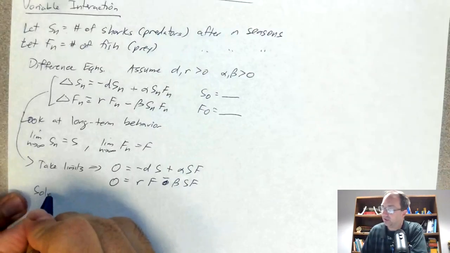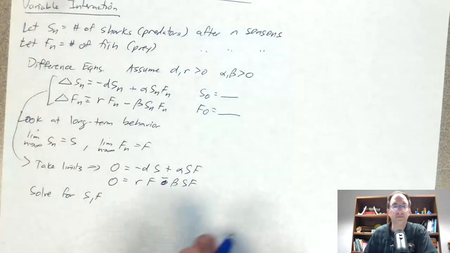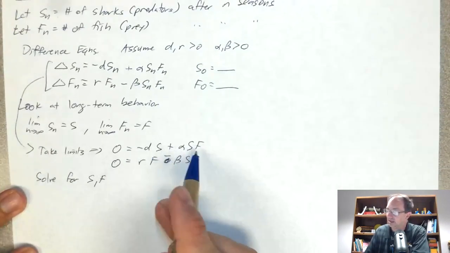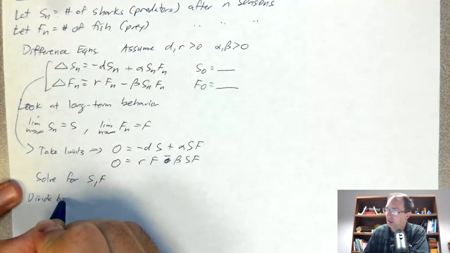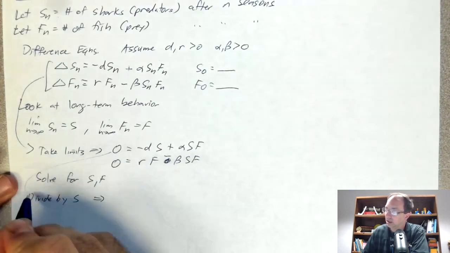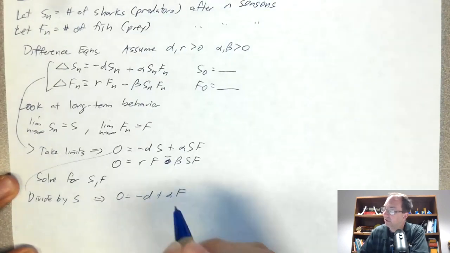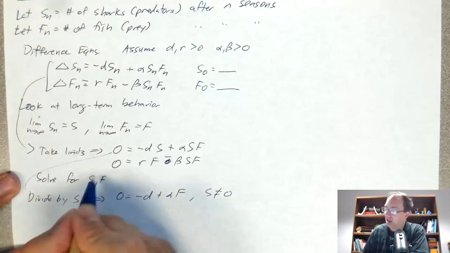And so now we want to solve for S and F. Well, this first equation has an S in every term, so I can divide by S to get 0 equals minus D plus alpha F. So to divide by S, I'm assuming S is not 0.